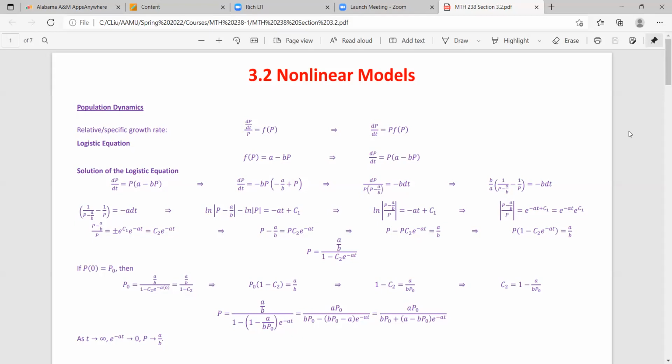So we're going to define a relative or specific growth rate, which is the rate of change of population dP over dt divided by the population itself. So the relative growth rate is just growth rate divided by the population itself. So it tells you the percentage.